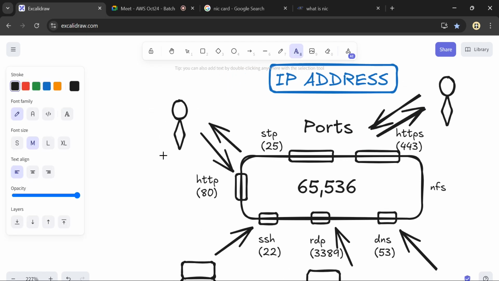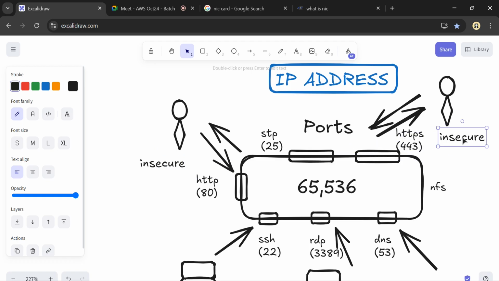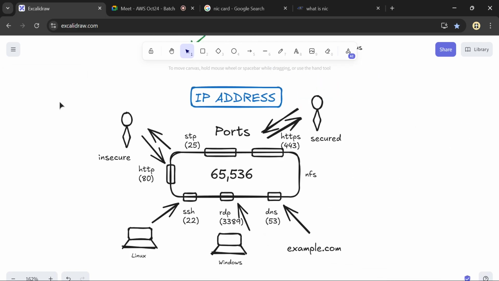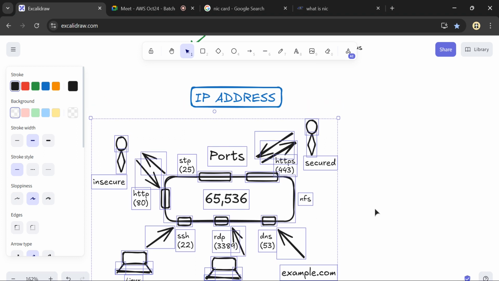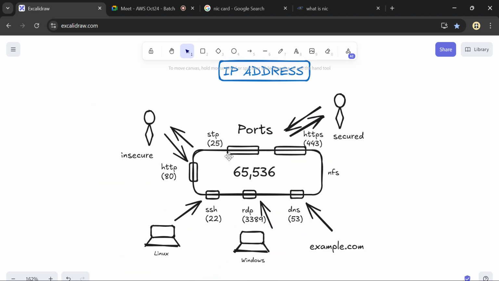So HTTP is more insecure, and the HTTPS communication happens in a secured fashion, right?